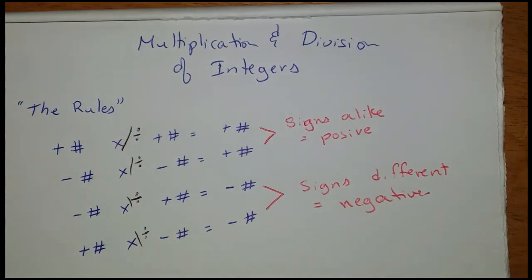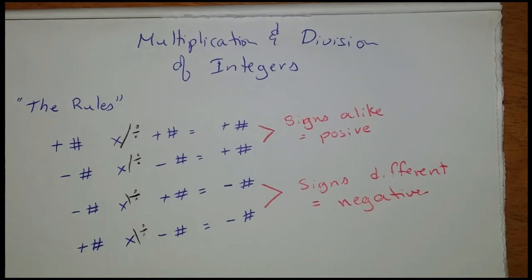All right? So if your signs are the same or alike, you get a positive answer, and if signs are different, you get a negative answer. All right? Now let's take a look at the examples because we need to apply this now.